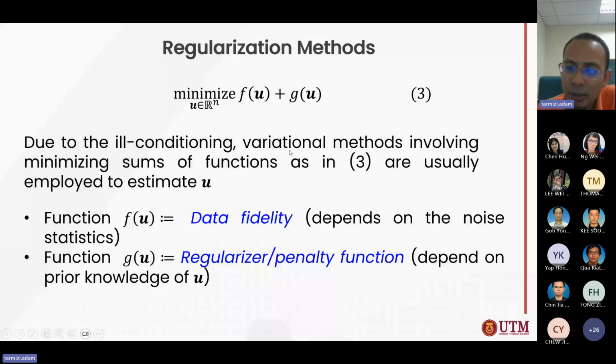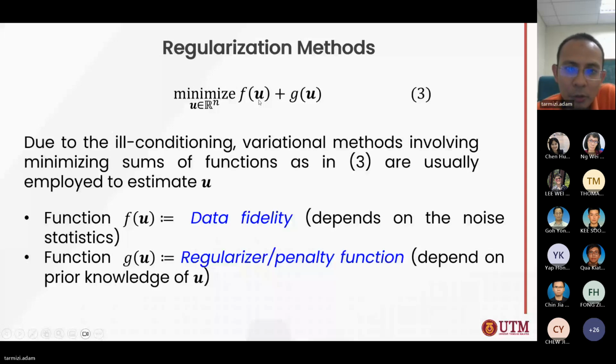This one depends on the prior knowledge of the image. We will discuss this prior knowledge and the types of noise statistics after this. In variational methods, we minimize this using various algorithms.